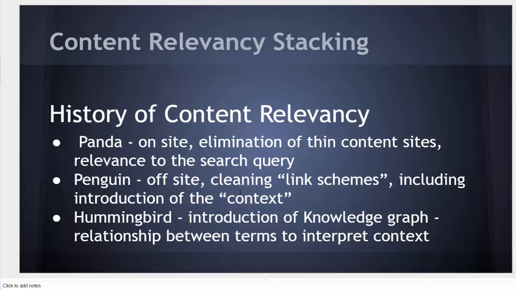And this is where Google introduced the idea of the context. So a link should stop being considered by itself, coming from the page, and they start considering it in the context of the surrounding text.